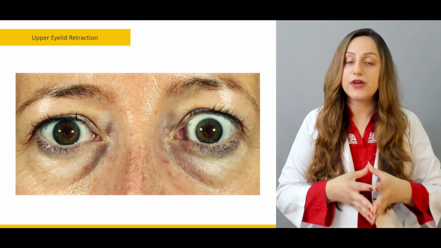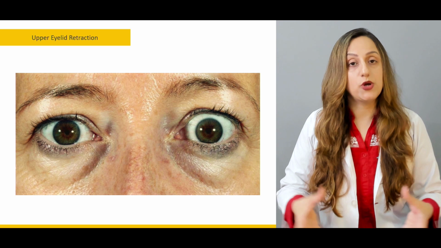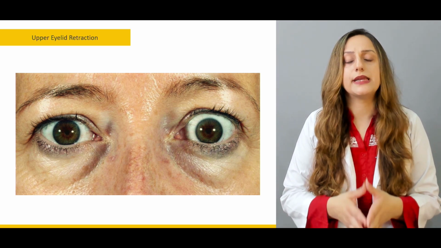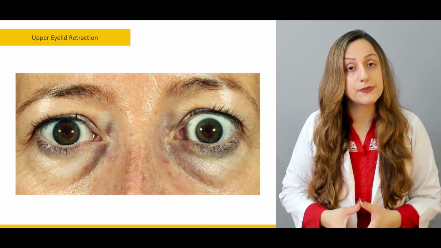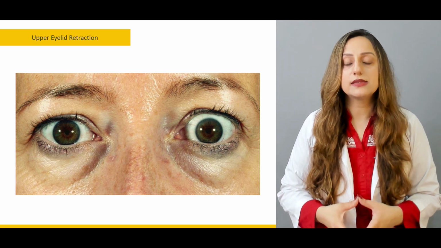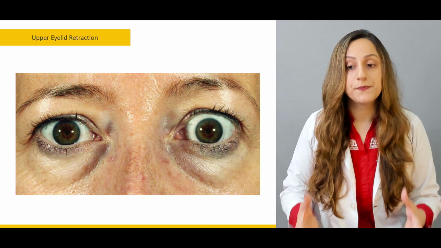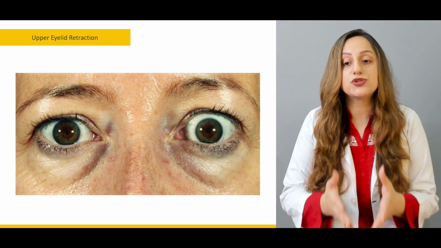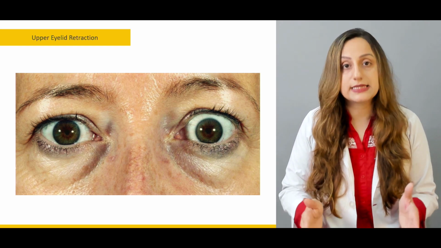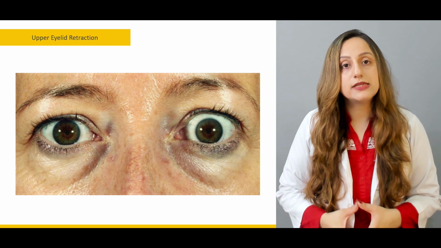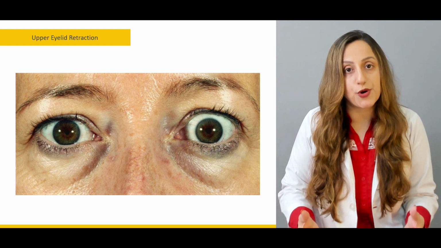Again, it is a very important clinical feature that we observe in patients. There are a number of factors that can result in upper eyelid retraction. We can have thyroid eye disease first and foremost, where the patients present with upper eyelid retraction. On the other hand, we can have people who have suffered recent trauma.